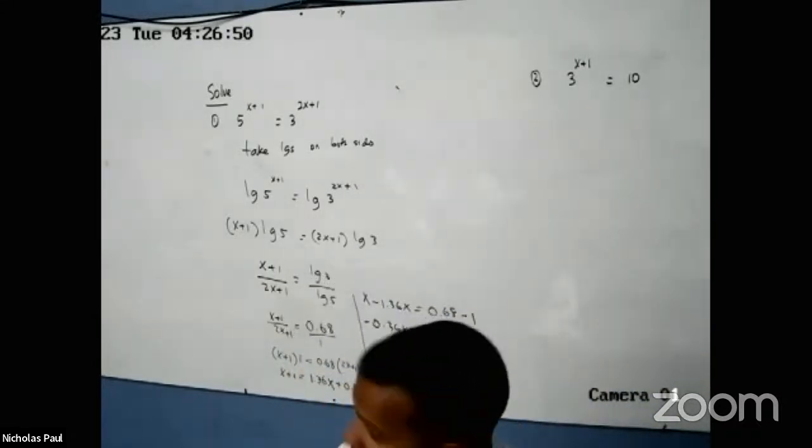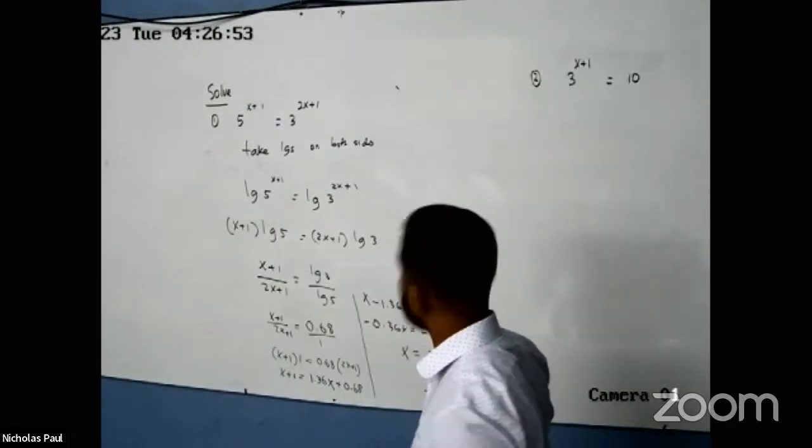So we finish, try that there: 3 to the x plus 1 is equal to 10.